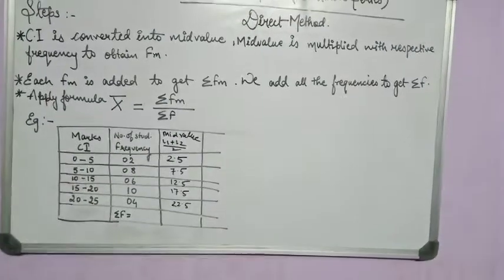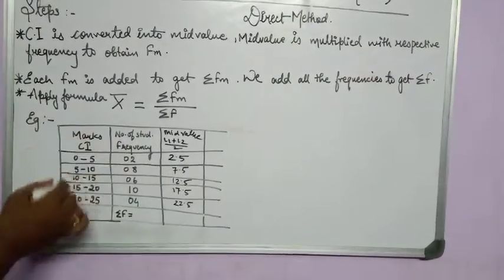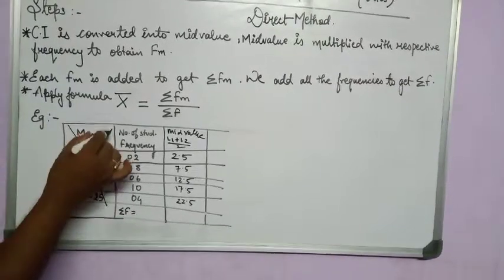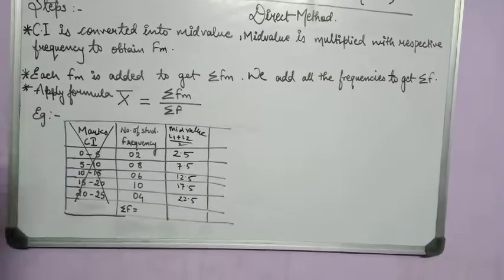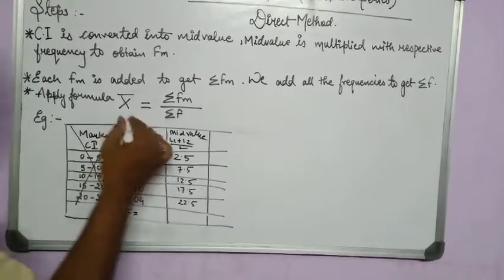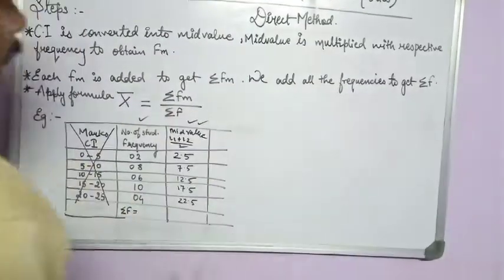Clear? So in this way we have calculated the mid value. Now there is no use of CI. Now we have to work on the basis of the frequency and the mid value.